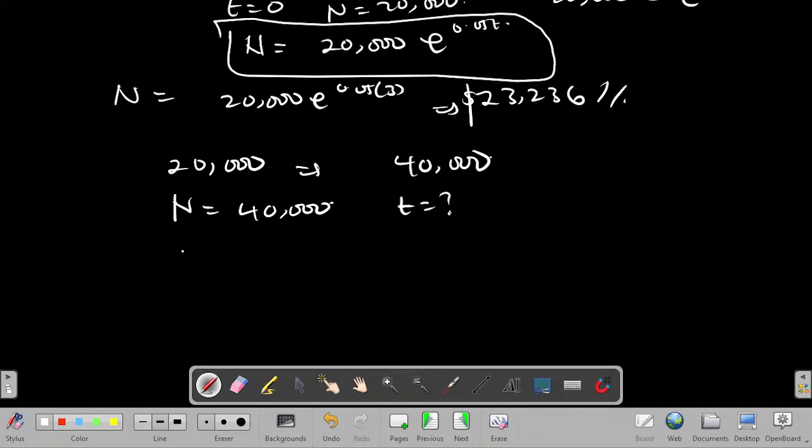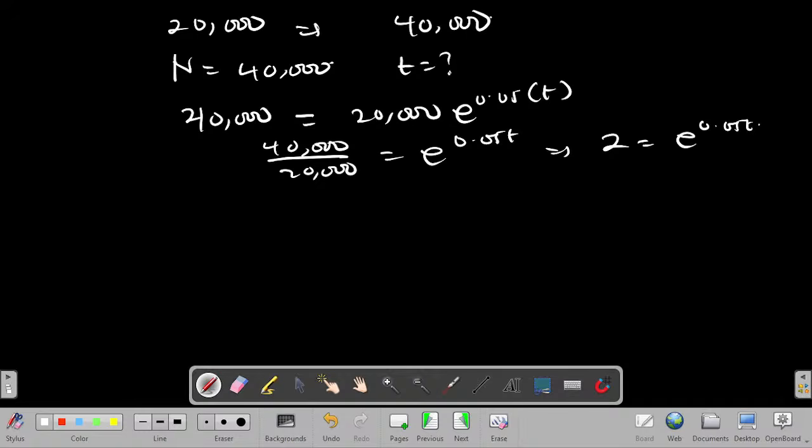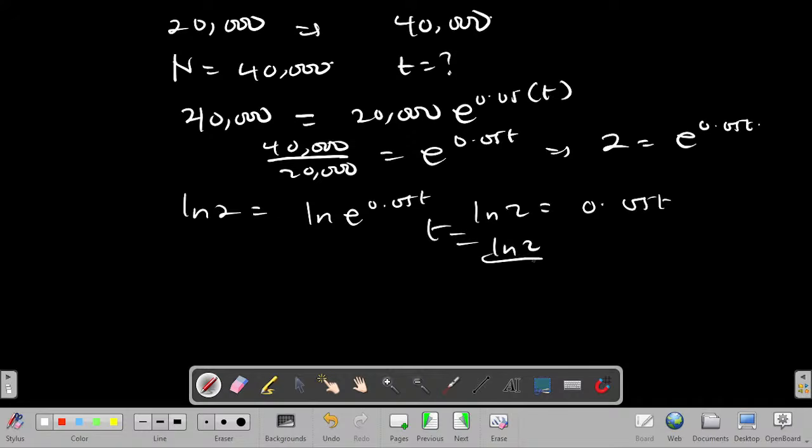So 40,000 is equal to 20,000 e to the power 0.05 t. You divide, so 40,000 over 20,000 is equal to e to the power 0.05 t. This becomes 2, so 2 is equal to e to the power 0.05 t. Then I'll take ln 2 is equal to natural log of e to the power 0.05 t. So ln 2 will be equal to 0.05 t. My t is simply equal to ln 2 over 0.05.